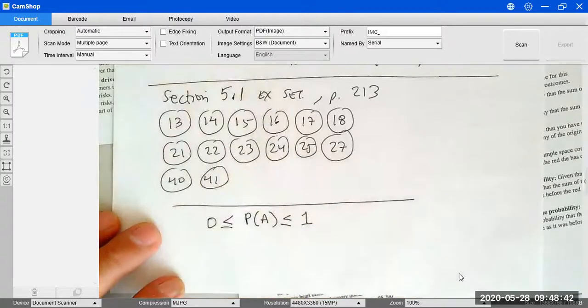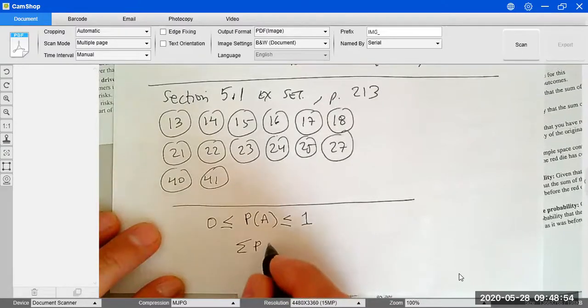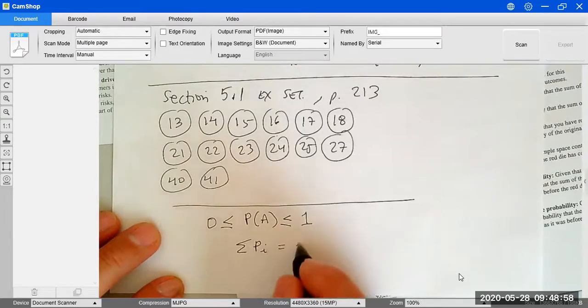So you cannot get negative probabilities or values that are greater than 1. And the other thing for probability models is that the sum of the probabilities of all the events should be equal to 1.